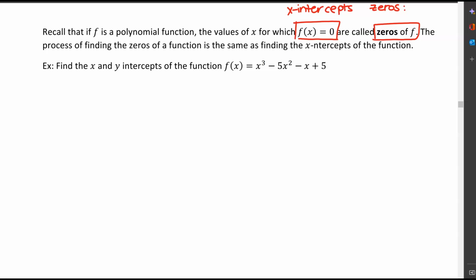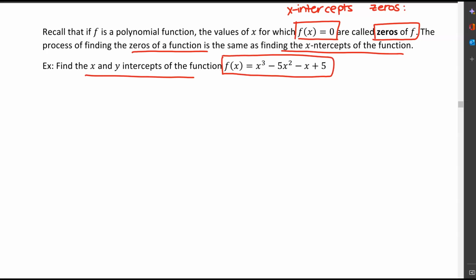So find the x and y intercepts. The process for finding the zeros of a function is the same as for finding the x-intercepts of the function. So we want to find the x and y intercepts of this function here. f of x equals x cubed minus 5x squared minus x plus 5. In order for us to find the y-intercept, it's always the easiest one to find. All we want to do is let x equal 0.